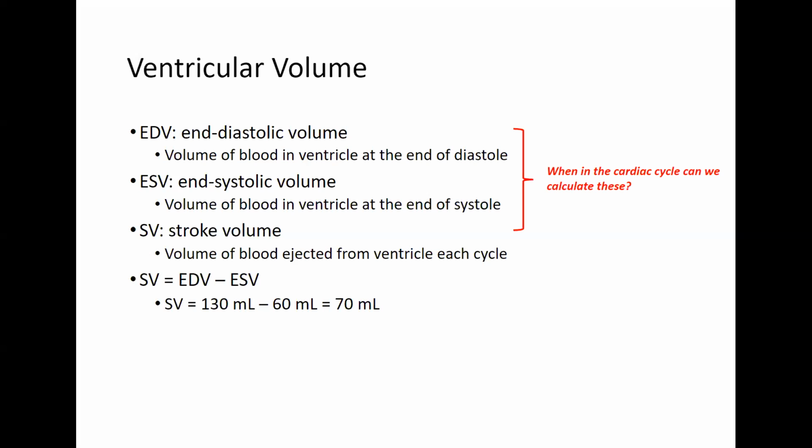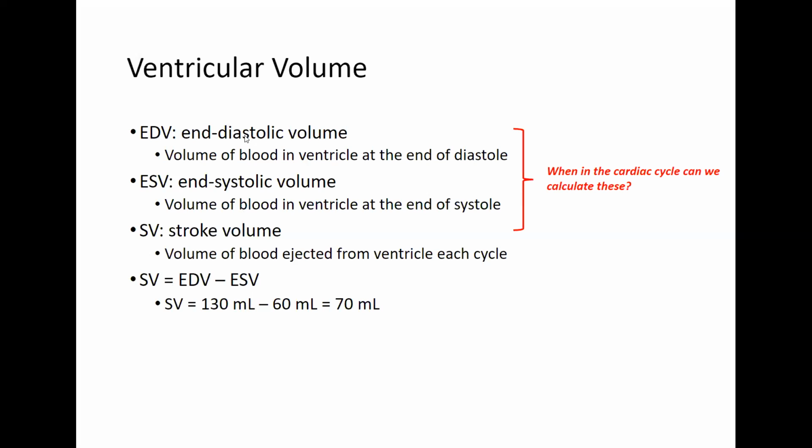It's the volume of blood that a stroke of the heart, just like a heartbeat, is sending out to the body. So our stroke volume is equivalent to our end diastolic volume, the amount of blood at the end of ventricular filling, minus our end systolic volume, which is the amount of leftover blood after we contract the ventricles.